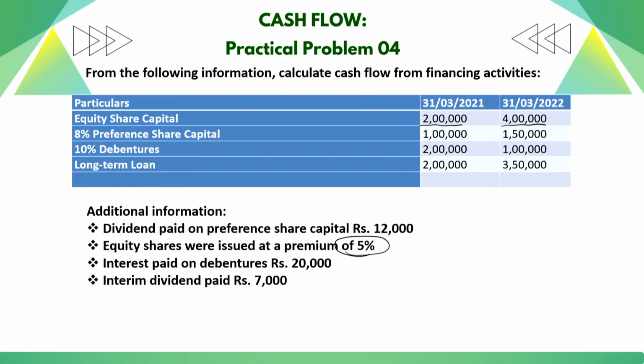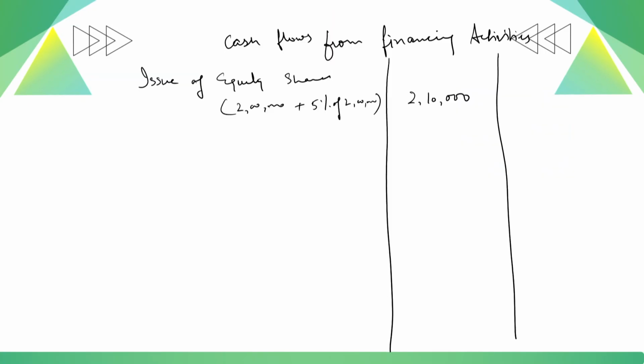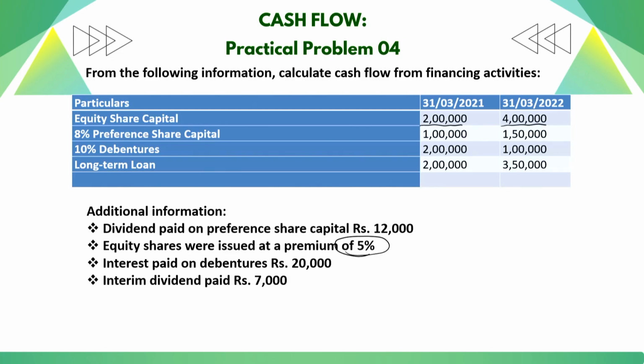Then 8% preference share capital is also showing an increase from 1 lakh to 1,50,000, a total increase of 50,000 in the issue of preference shares. Then the third item is 10% debentures, 2 lakh, it is reduced to 1 lakh. So, this is going to be reduced from the same.